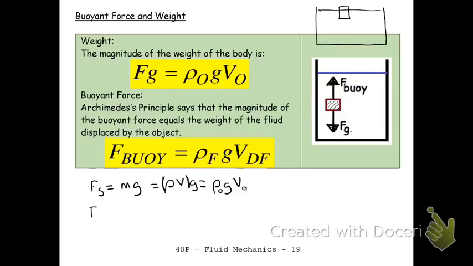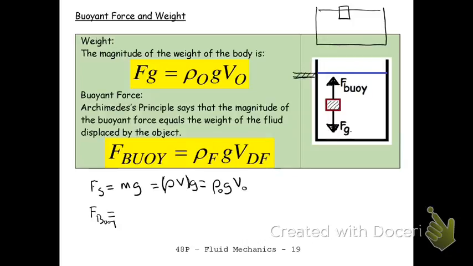The buoyant force. The problem with FB is it could be F block, so maybe it's best to write F buoy so we don't confuse the two. Now the buoyant force: this fluid used to be down here, and then we put the block in it and that fluid was pushed higher. That's displaced fluid.